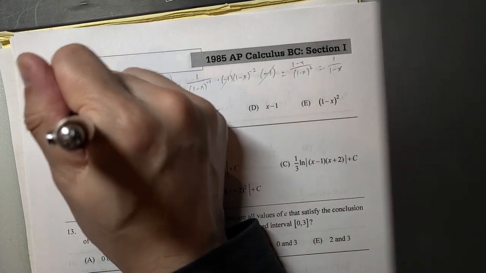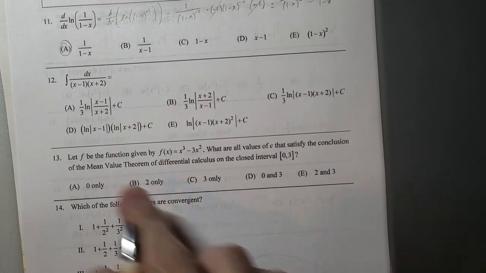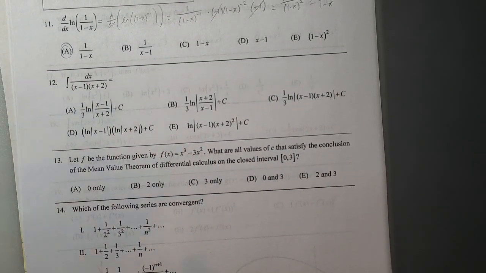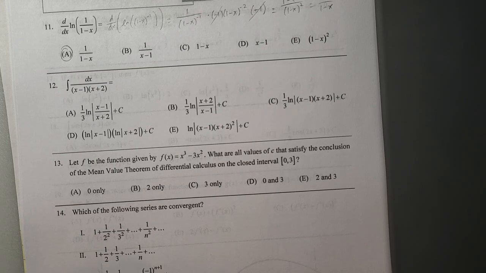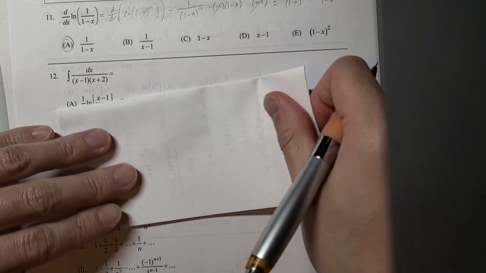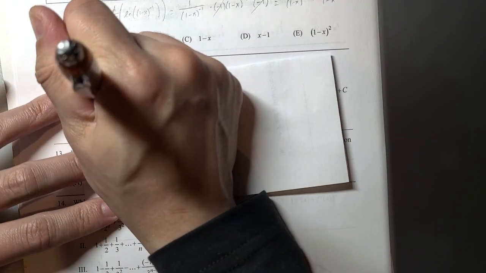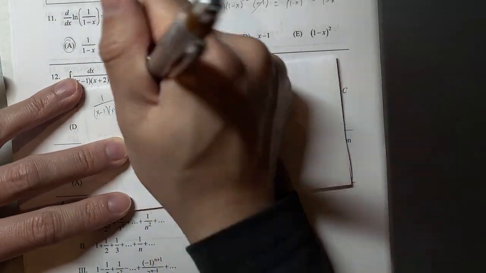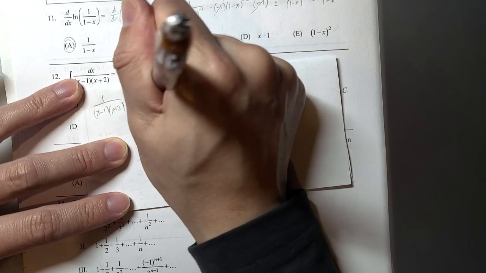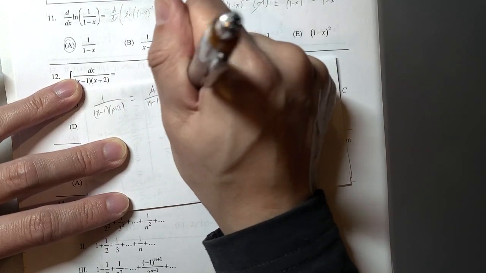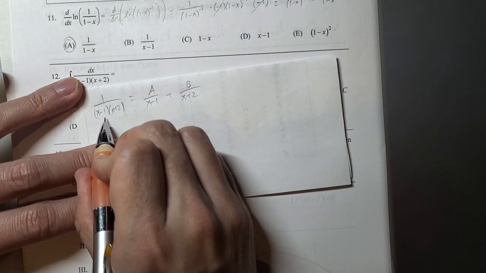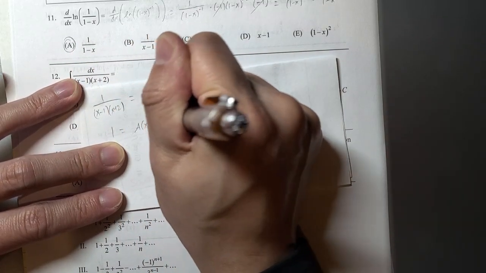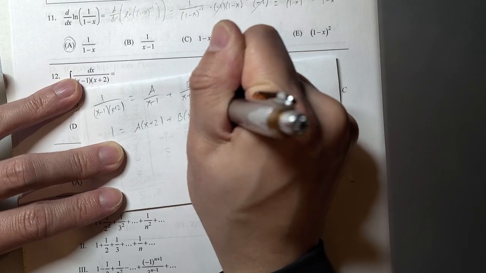11 is A. Okay? This guy, we need to use partial fraction decomposition. I can see it right away. Hopefully, you're able to too. Okay? This is the simplest case. We can break this up as a over x minus 1 plus b over x plus 2. Multiply both sides by this denominator, so we get 1 is equal to a times x plus 2 plus b times x minus 1.